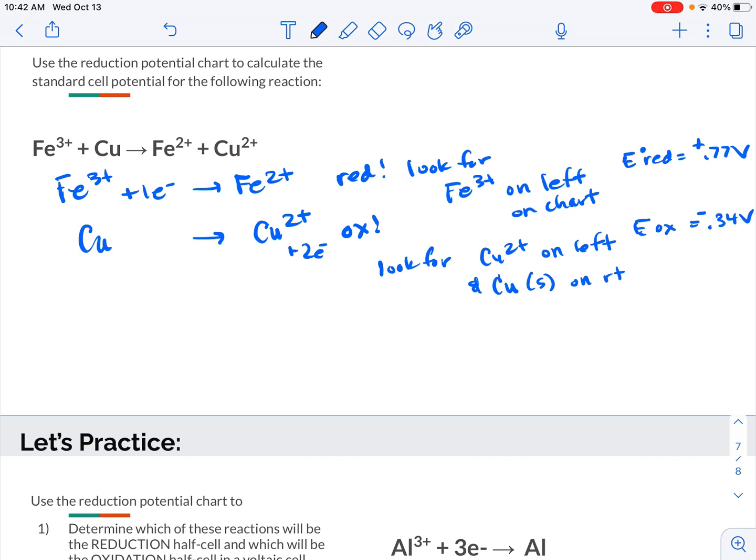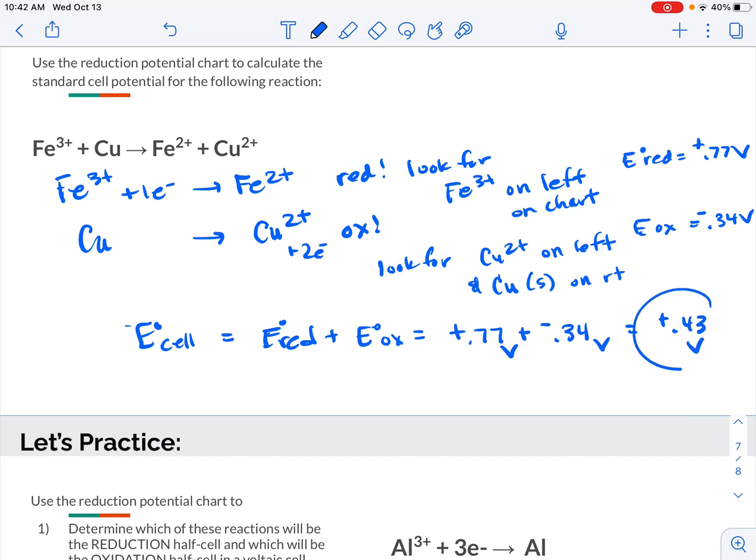Okay, so the way that I'm going to do this is E reduction plus E of oxidation equals the standard reduction potential for the cell. Okay, so I'm going to say positive 0.77 plus negative 0.34 volts, include your units, is positive 0.43 volts, which is the standard potential for the cell.